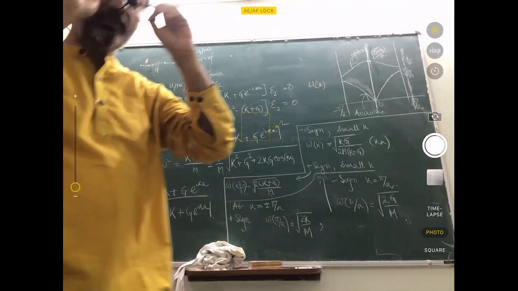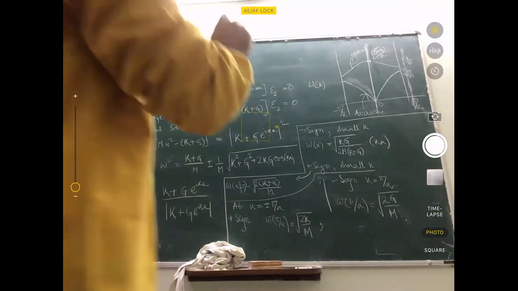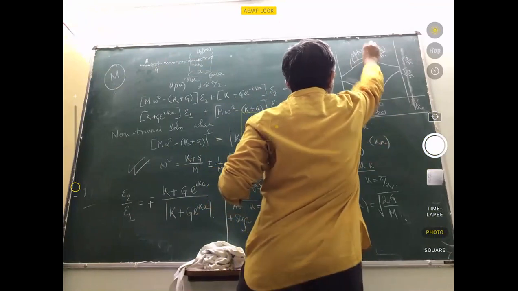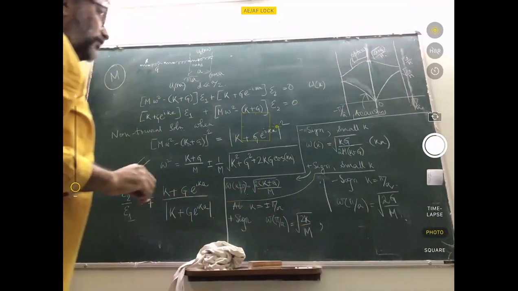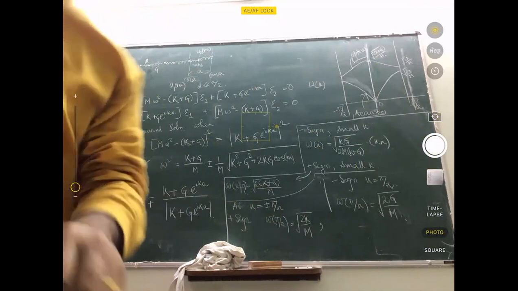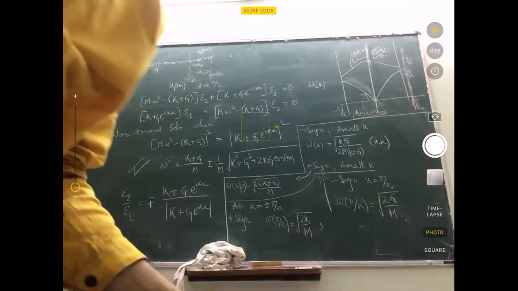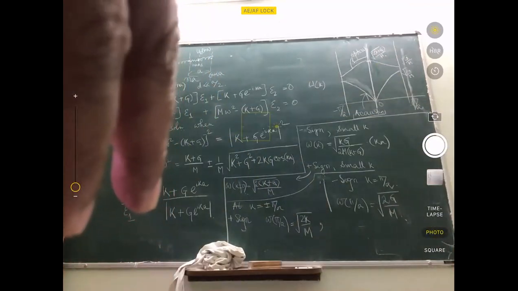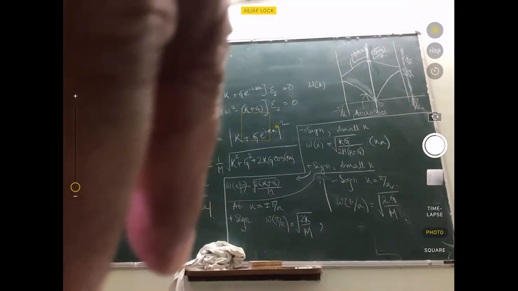So these branches are called the optical branches. But just get familiar with these names. This branch is called the acoustic branch, and this branch is called the optical branch. So that's in a one-dimensional crystal, and then we have to understand what these epsilons are doing here.